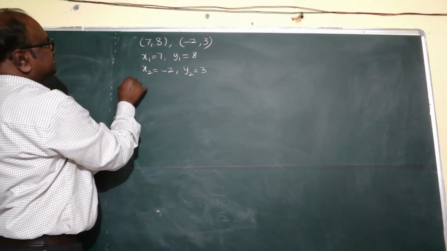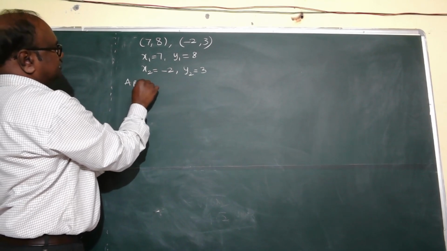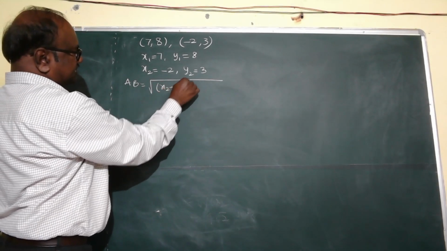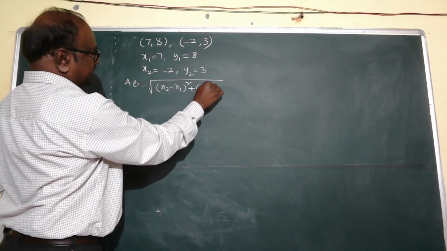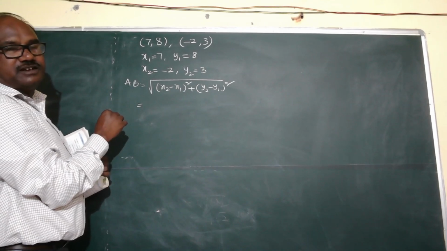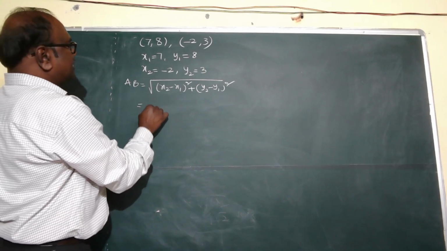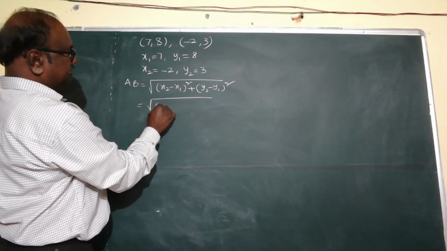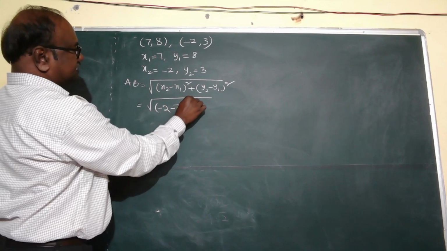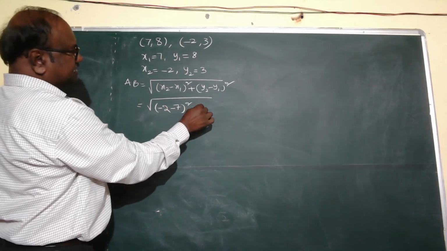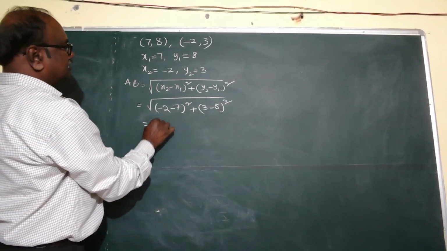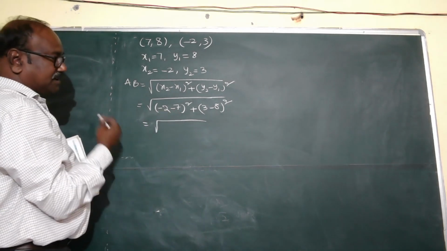Now the distance AB is equal to under root (x2 minus x1) whole square plus (y2 minus y1) whole square. Let us substitute the values in this formula. Under root, x2 is minus 2, x1 is 7, minus 2 minus 7 whole square plus y2 minus y1, 3 minus 8 whole square. Now minus 2 minus 7 is minus 9.